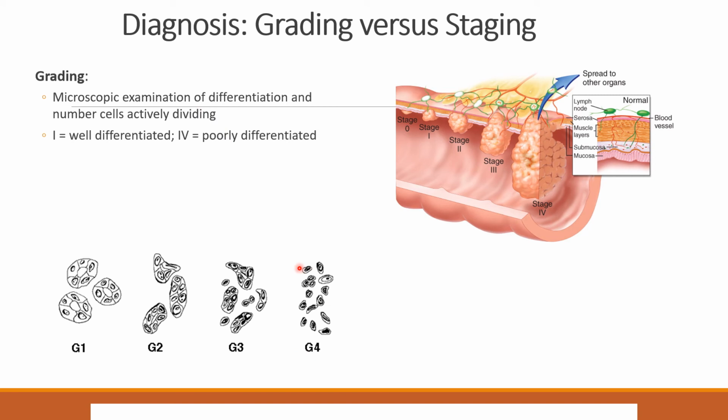Whereas grade 4 is a poorly differentiated cancer cell or tumor, and it resembles what people think of as cancer more. It's a cell that doesn't maintain normal function at all, really.